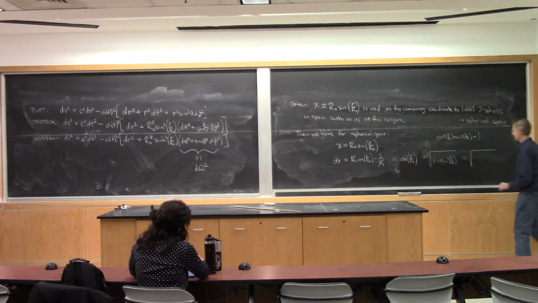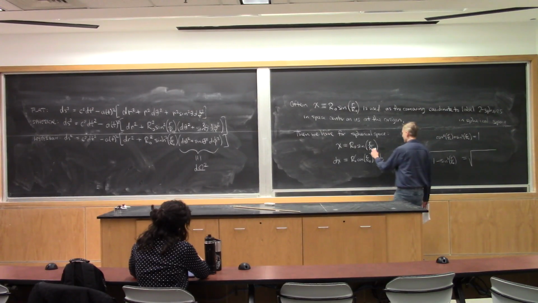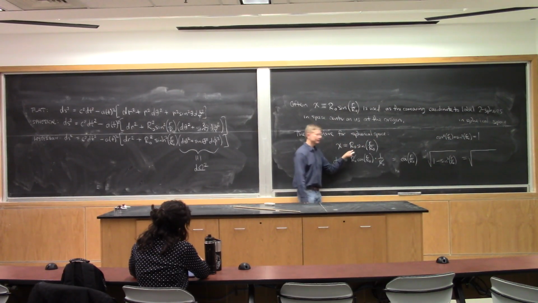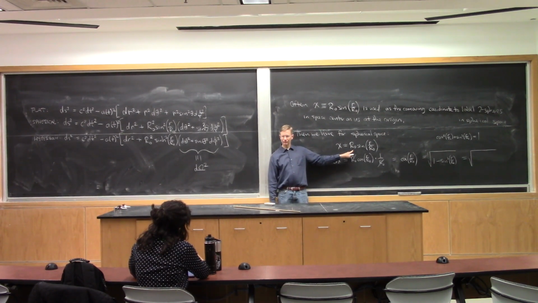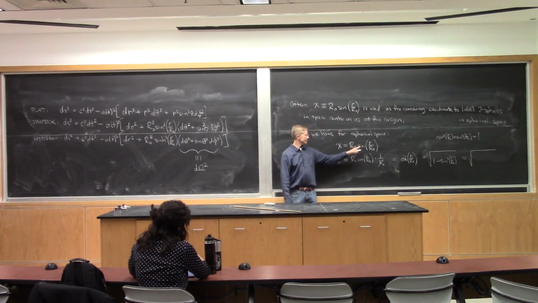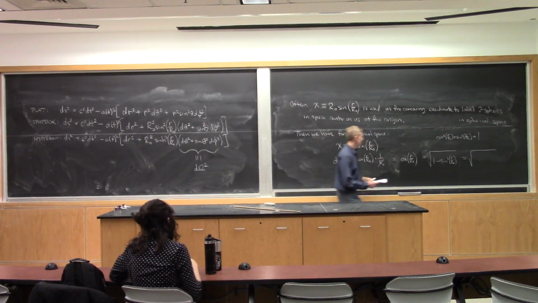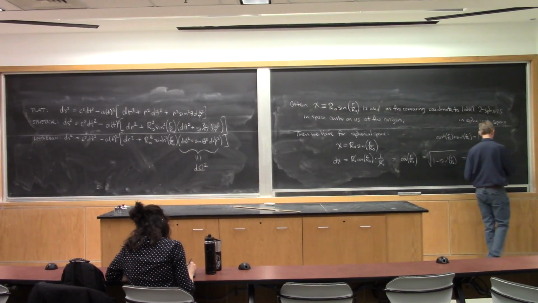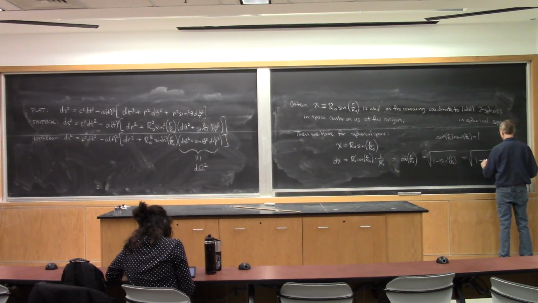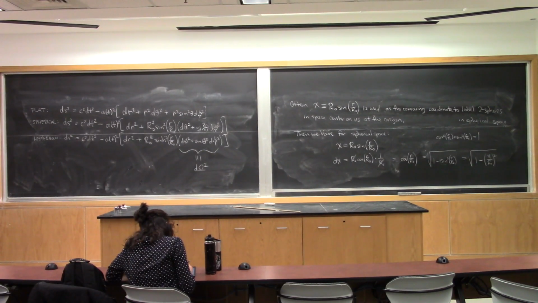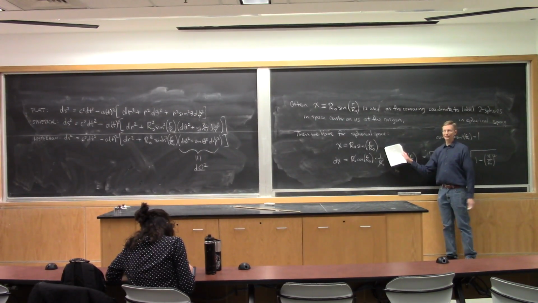But notice that sine of r over r naught is x over r naught from our definition of what x is. Sine of r over r naught is x divided by r naught. So therefore, I can write this as the square root of 1 minus x over r naught, quantity squared. Oh, and what am I forgetting in my dx here?